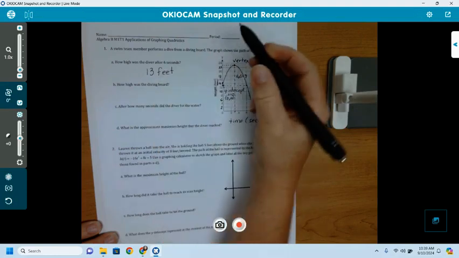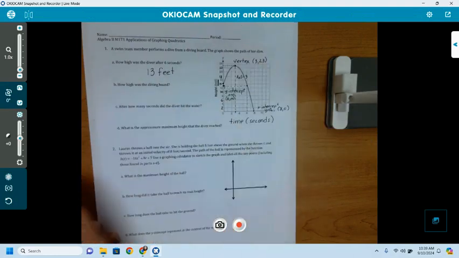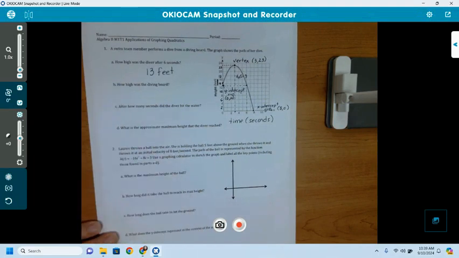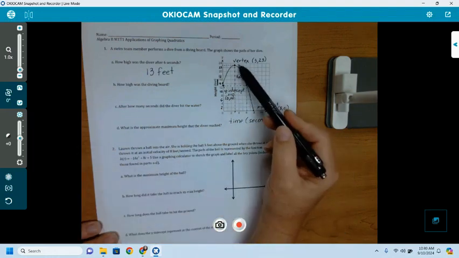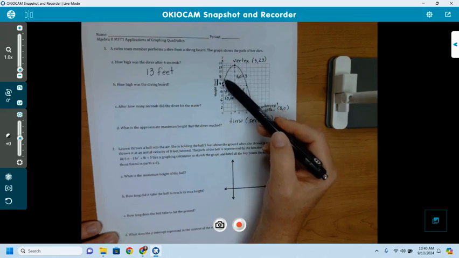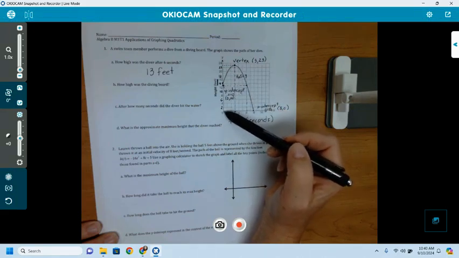I know it's feet because it says it on the graph. Question B, how high was the diving board? Well, it looks like that this diver did not start on the ground.